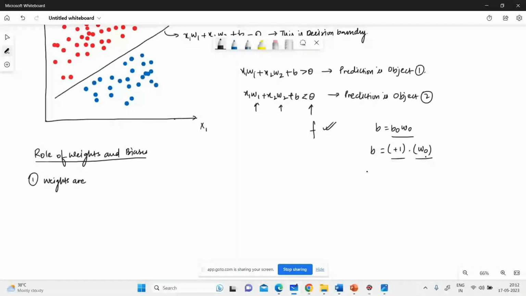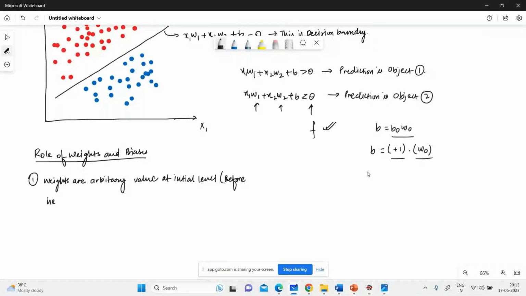So weights are arbitrary values initially, that is, before your neural network has got trained, before the neuron gets trained.